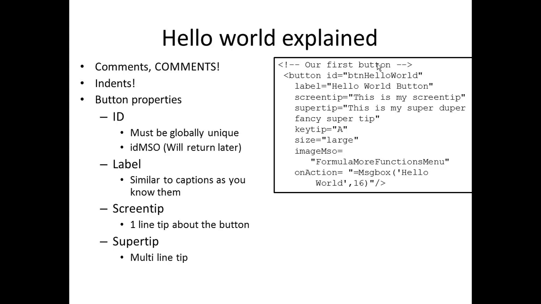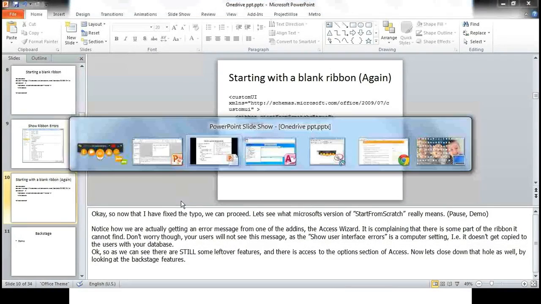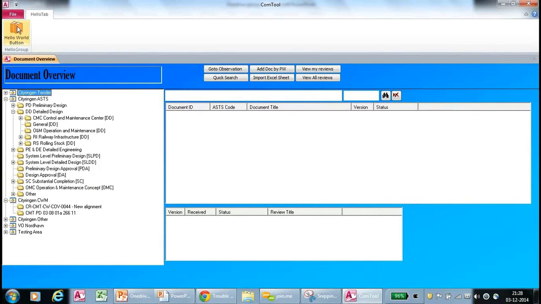There's a screen tip, and there's a super tip. The screen tip is the one-line tip about the button, and the super tip can be multiple lines. Let's go have a look at how that looks. If I hover my mouse over, you can see this is my screen tip. It's a single line, and it's written in bold. The super tip can actually be quite many lines.